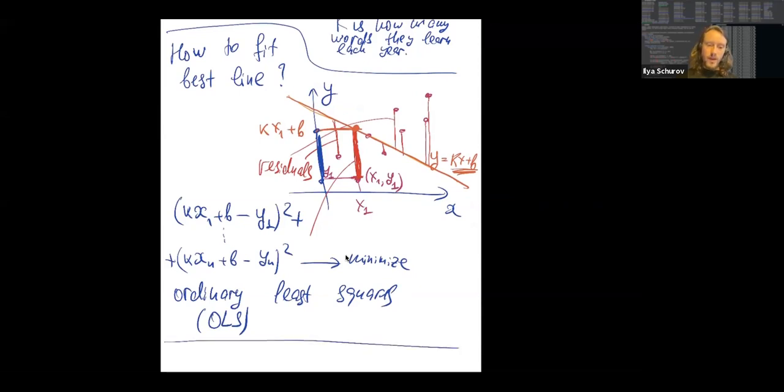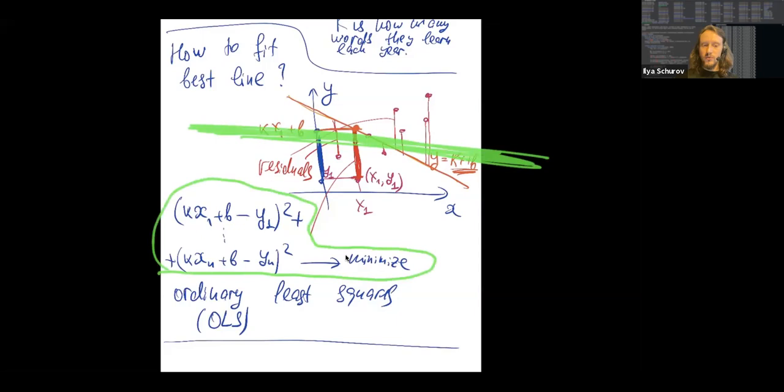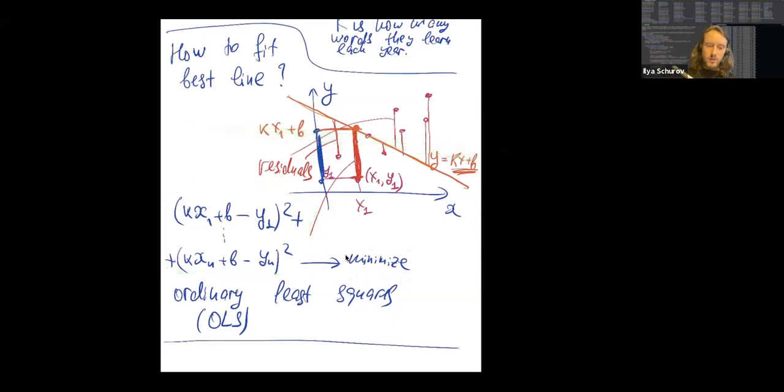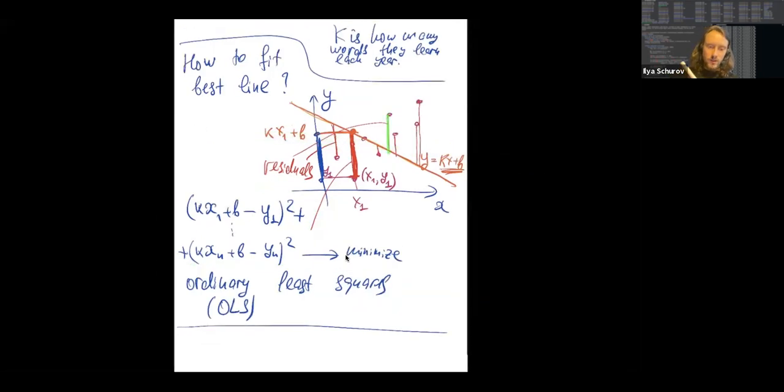So again, this story is a story about finding this optimal line. I can take any line, and for any fixed line, I can find this sum of squares of residuals. This can be done by just finding these distances, finding their squares, and finding the sum of their squares.